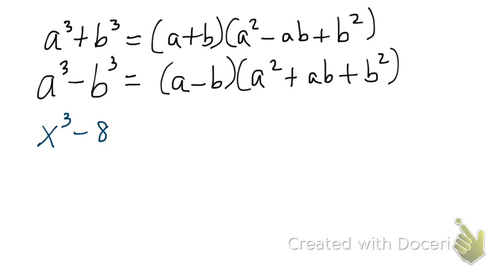Notice x cubed minus 8 would be a difference of cubes. 8 is 2 cubed. So in this problem, our a would be x. And our b, well, we said 8 is 2 cubed, so if it's b cubed, then b here is 2. And so we just need to plug the numbers into the formula.